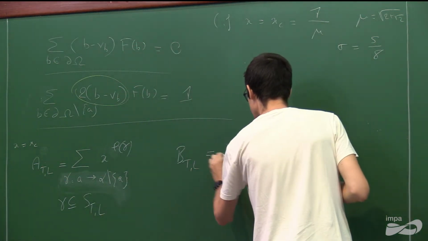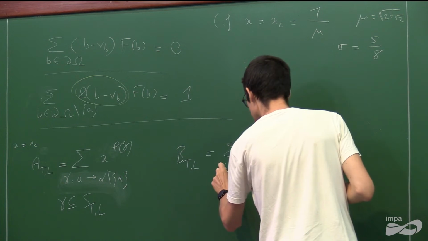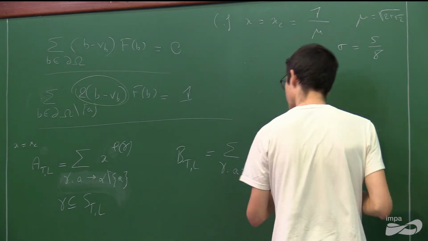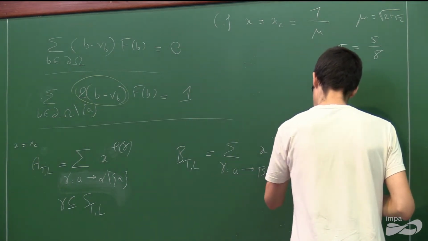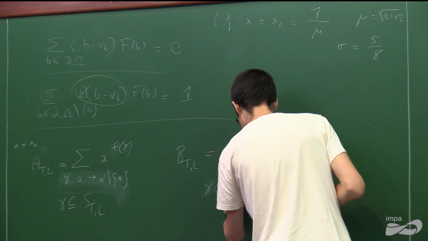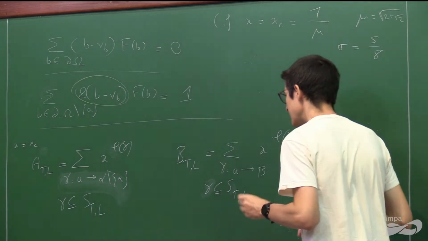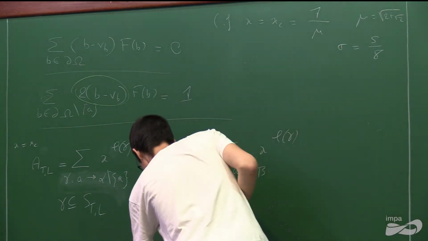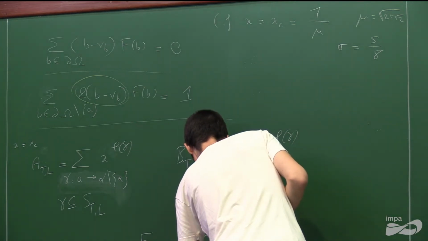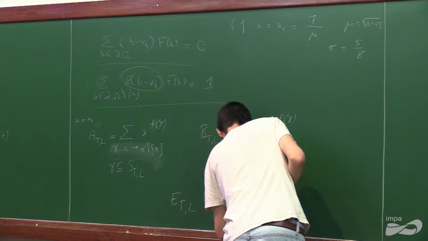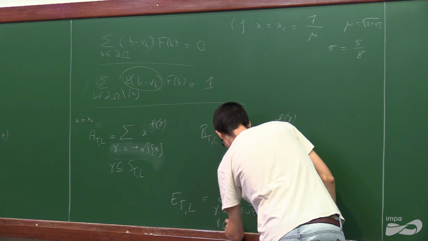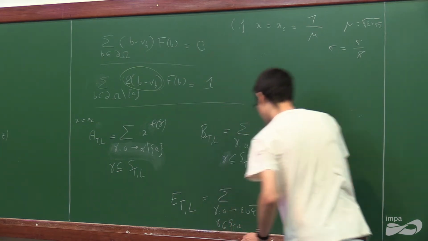Now BTL is the sum over paths from A to beta of x to the L of gamma. I always consider gamma included in my domain. And finally, I consider ETL, which is the sum over gamma from A to epsilon union epsilon bar of x to the L of gamma.